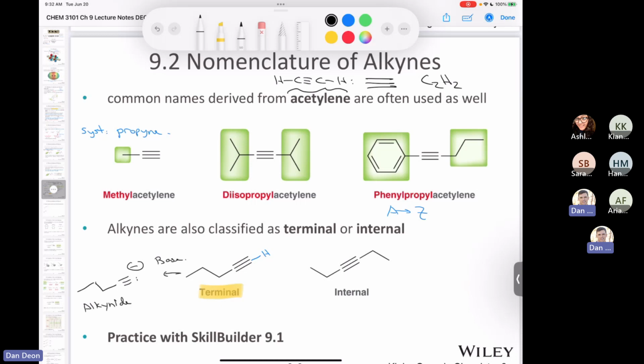So an alkanide is the carbanion of a terminal alkyne. Now, if you deprotonate acetylene with a strong base, you also make a carbanion, but when it's the carbanion of acetylene, we call that acetylide. So acetylide would be a type of alkanide. But if we have an R group on there, we call it an alkanide. We're going to see those terms come up once in a while in this chapter.